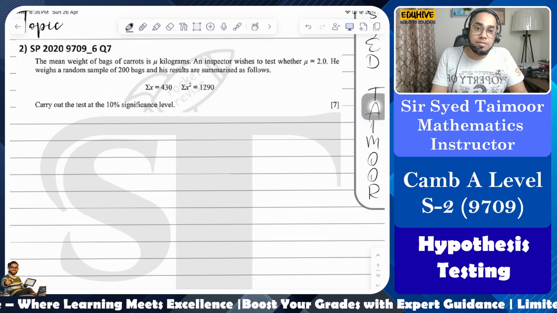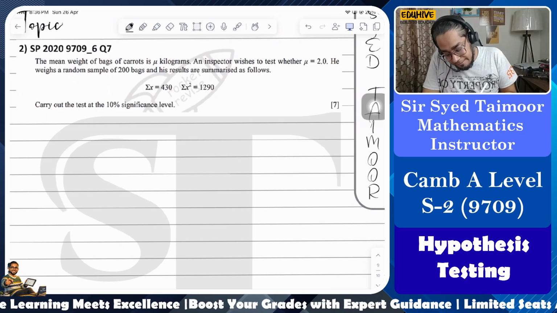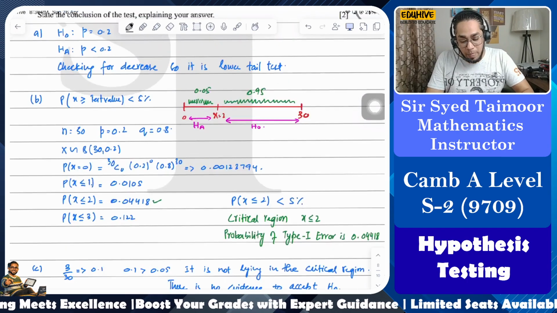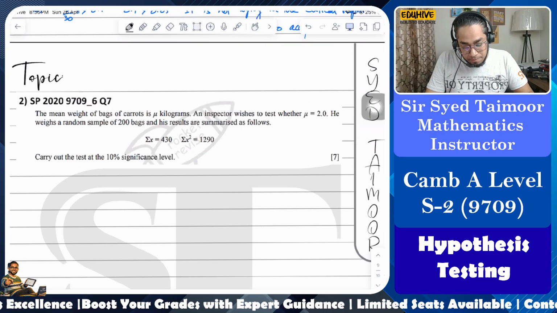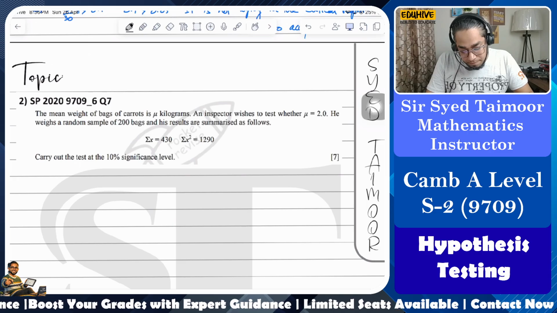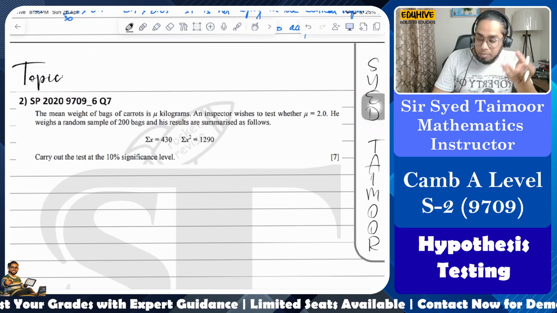Now what are the steps? He weighs and his results are summarized, so it means the direction is not defined.